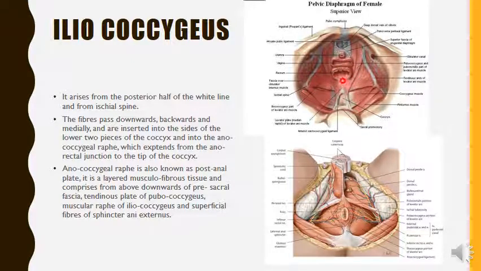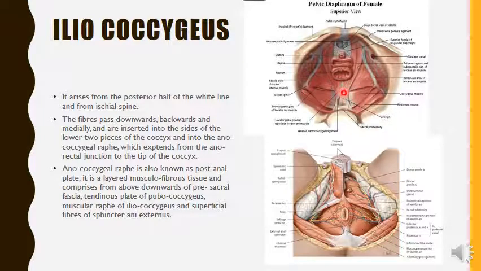So this anococcygeal raphe extends from the anorectal junction to the coccyx. That's why it is called the anococcygeal raphe or ligament. It extends from the anorectal junction to the tip of the coccyx, this one. This anococcygeal raphe is also known as the post-anal plate because it is behind the anus, right? So it is also called the post-anal plate.